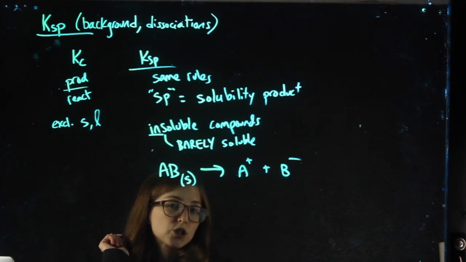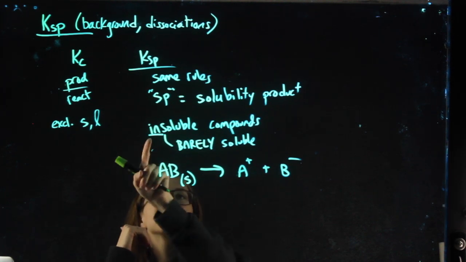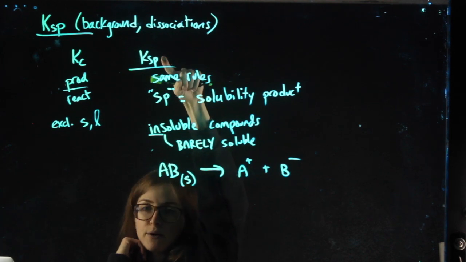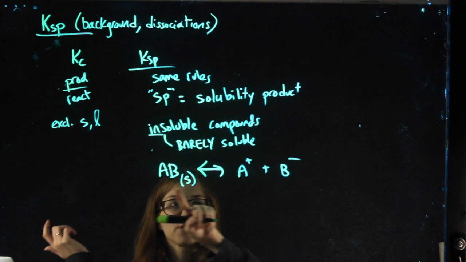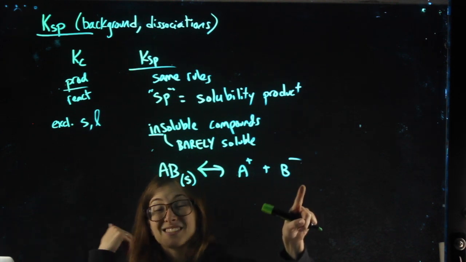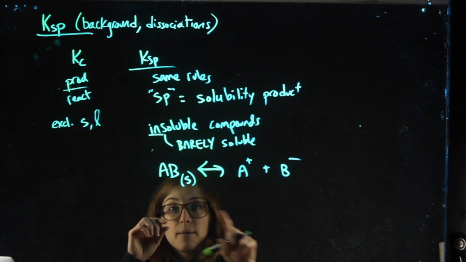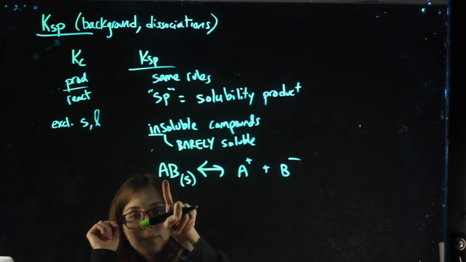However, because it's a solid, because it's insoluble, which we'll know anytime we're talking about KSP, we use equilibrium arrows for the dissociation. Because it's not really dissolving, it ends up being a system more in equilibrium. Anything that does dissolve is likely to stick back together and reform.